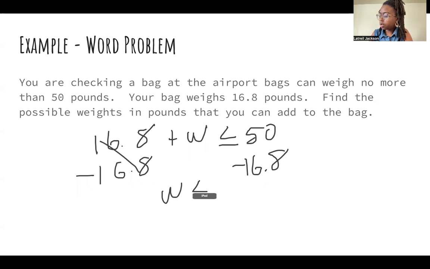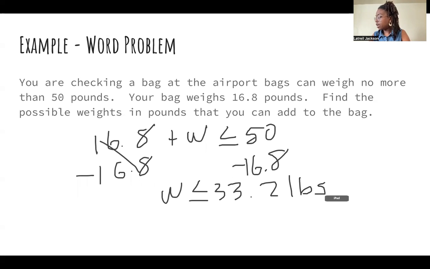We're left with W on the one side, and 50 minus 16.8 is 33.2 pounds, okay? So you can add no more than 33.2 pounds. That's what that's saying.